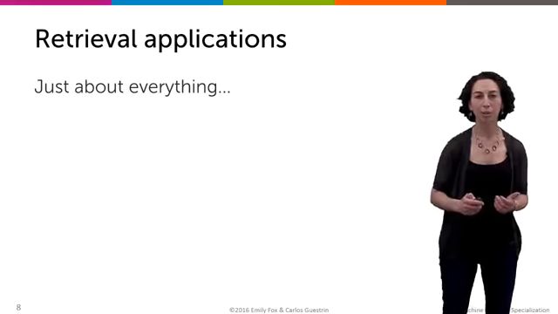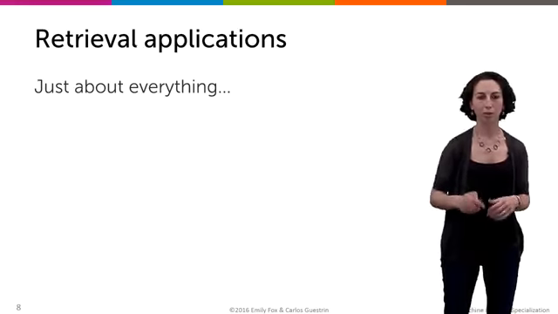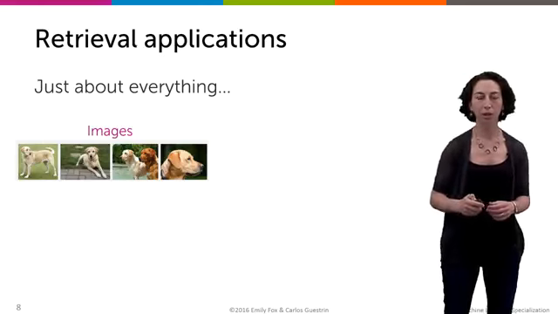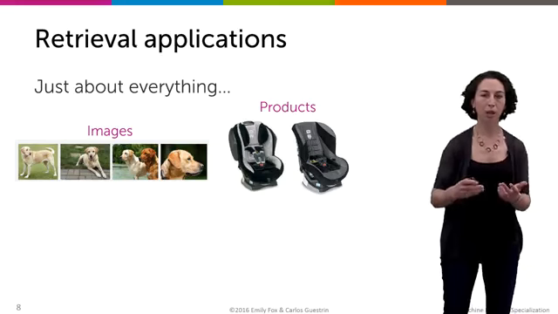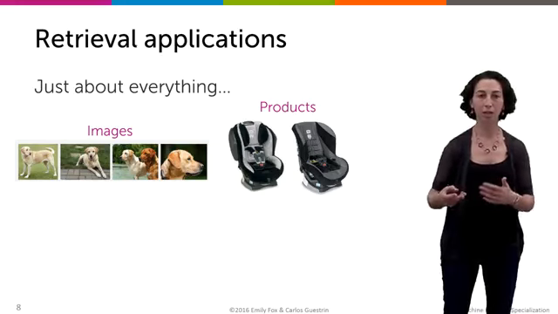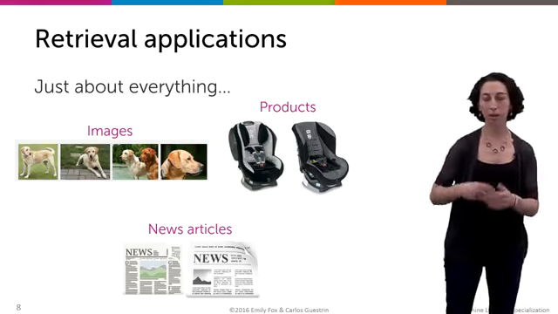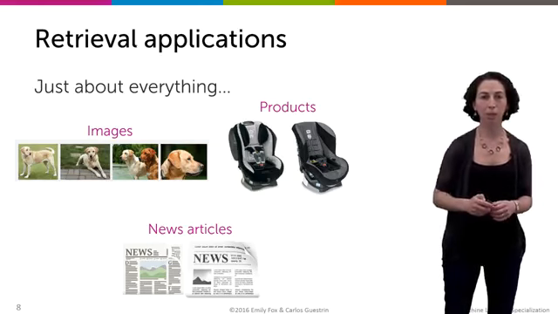And we see retrieval applications almost everywhere. So perhaps we have some image and want to find a set of similar images, or maybe we're shopping for some product and we want to be provided with a set of other similar items that we might want to consider instead. Or, like we've discussed, maybe we're reading some article and want to read a related article on a topic.